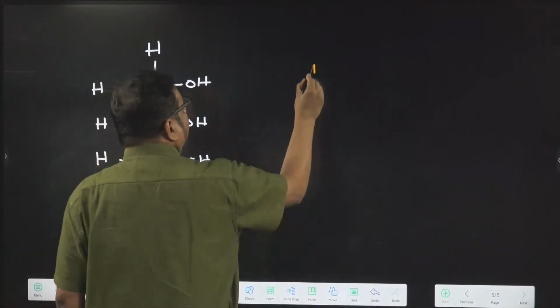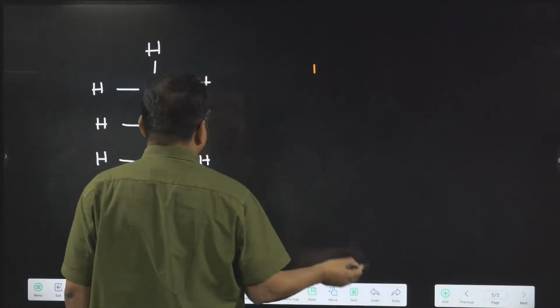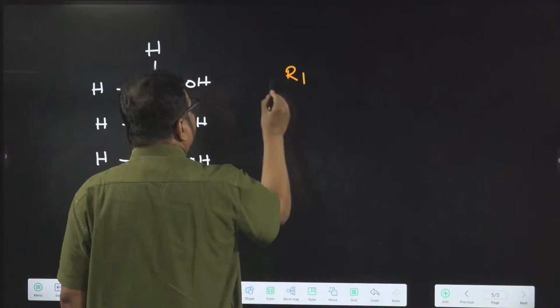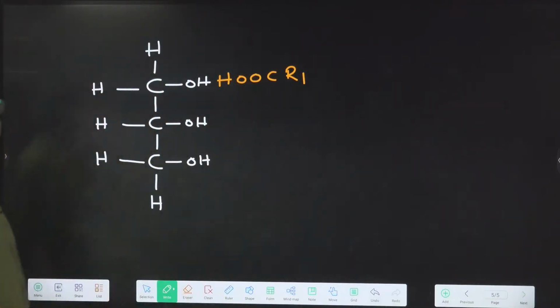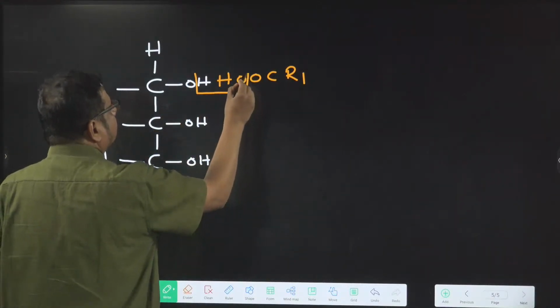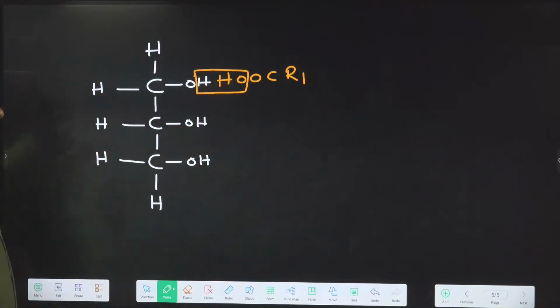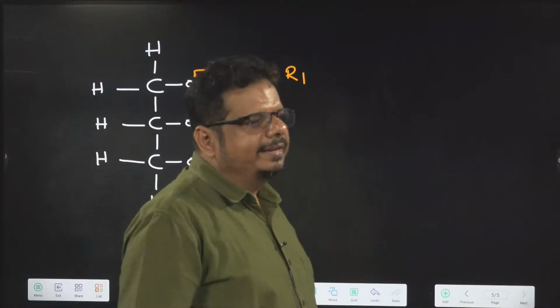Here I am writing R1COOH. So see how they are joining together. The fatty acid joins with glycerol by which bond? Ester bond.